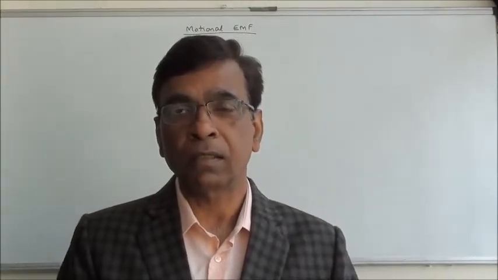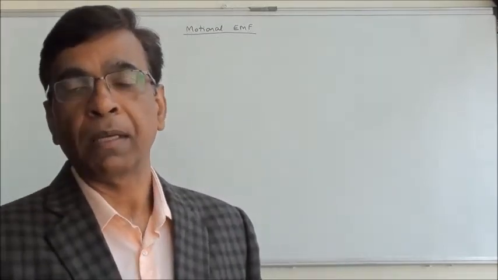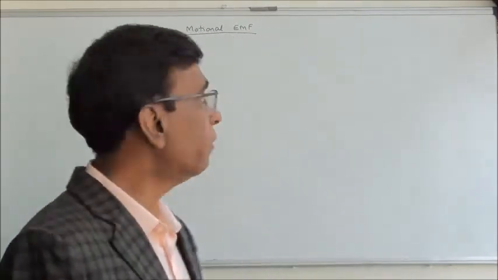Let's discuss in this class the motional EMF, the electromotive force that is developed across the two ends of a conducting rod when it is moved in a magnetic field.